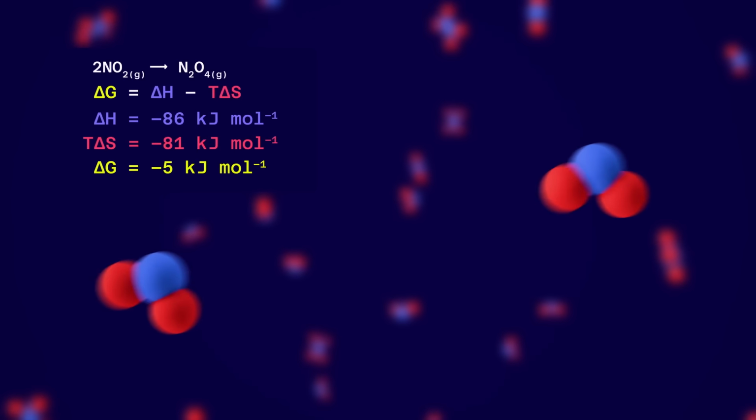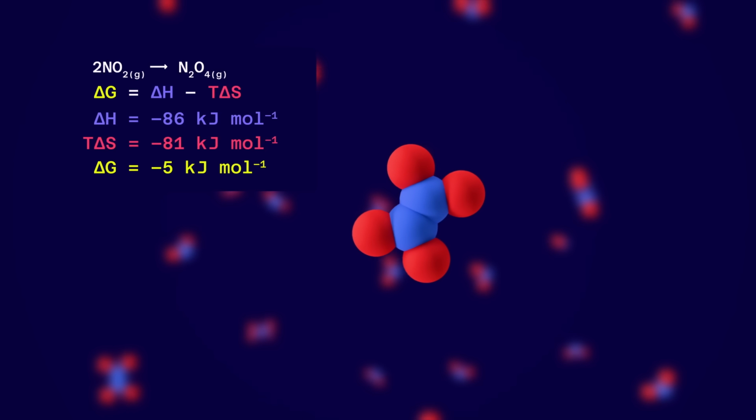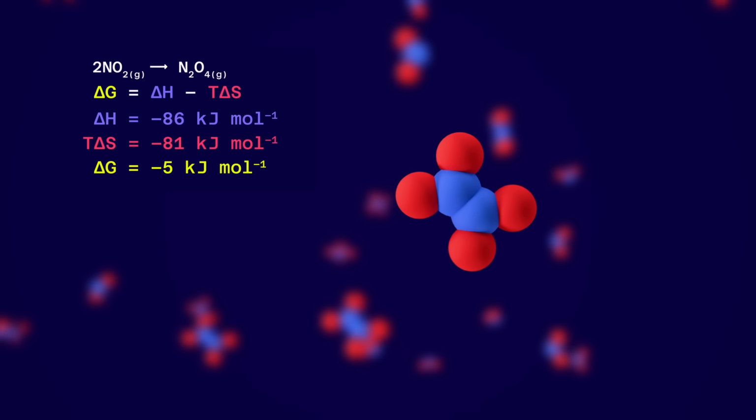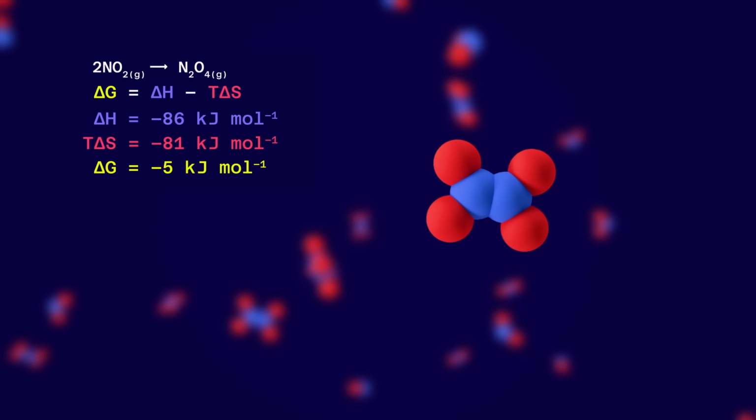Next, since we're making a bond here, we're expecting that heat is going to be negative for this reaction, and it is. So heat is negative, meaning the reaction is exothermic, but entropy is also negative, so the reaction must be reversible. And of course, if we write the reaction the other way round, everything is in reverse.